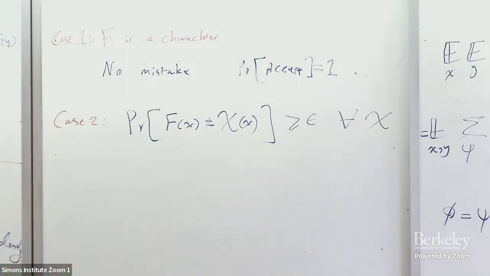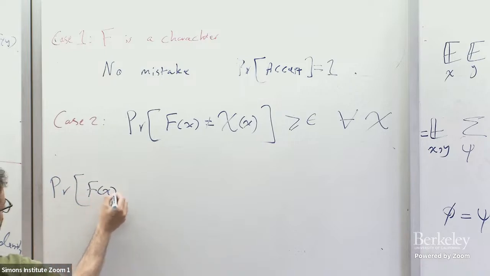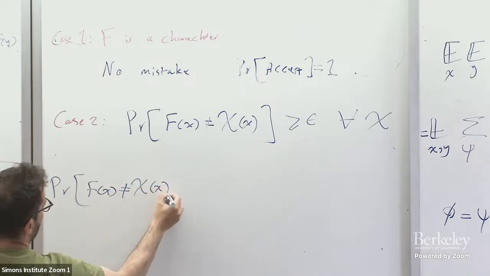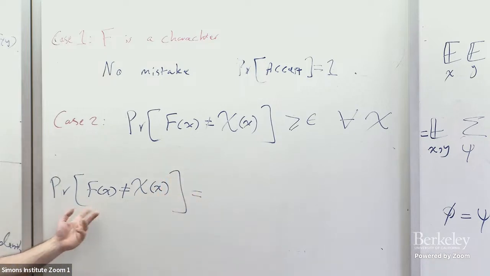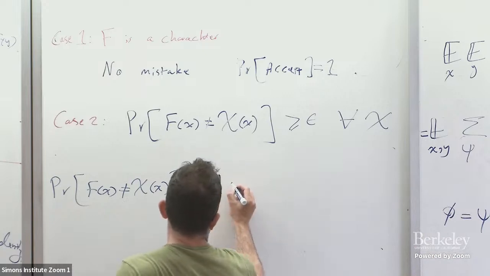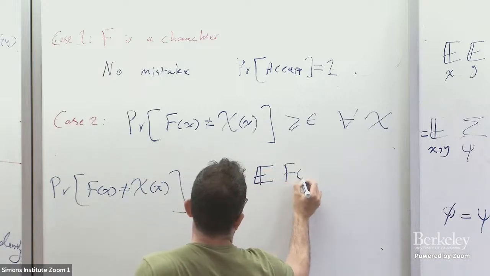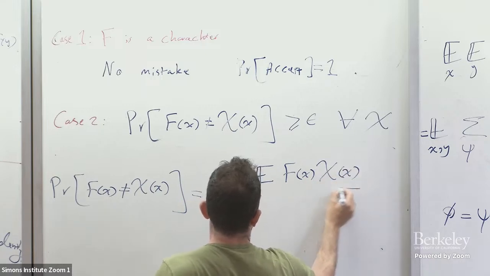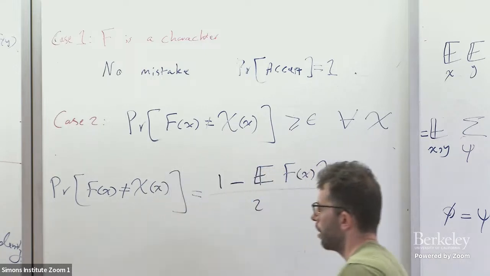Now let's see what this tells us about the Fourier expansion of F. So let's write this. What is this probability? These are plus one and minus one valued functions, so I can write this probability as this expectation: 1 minus the expected value of F of x times chi of x, over 2. Right?